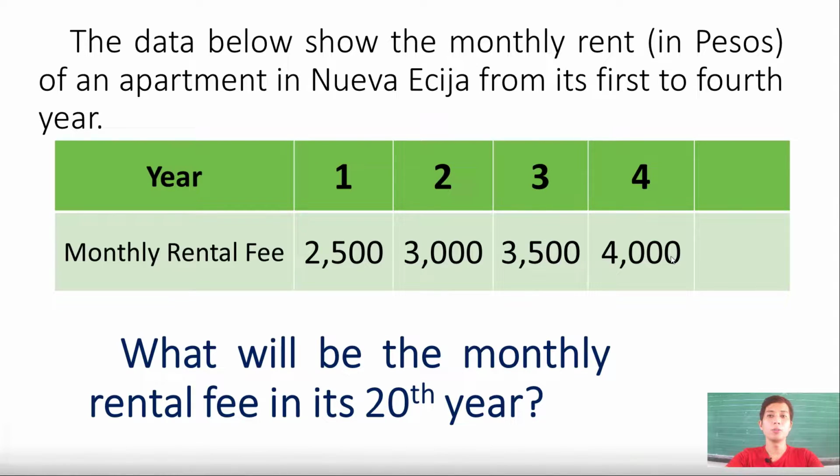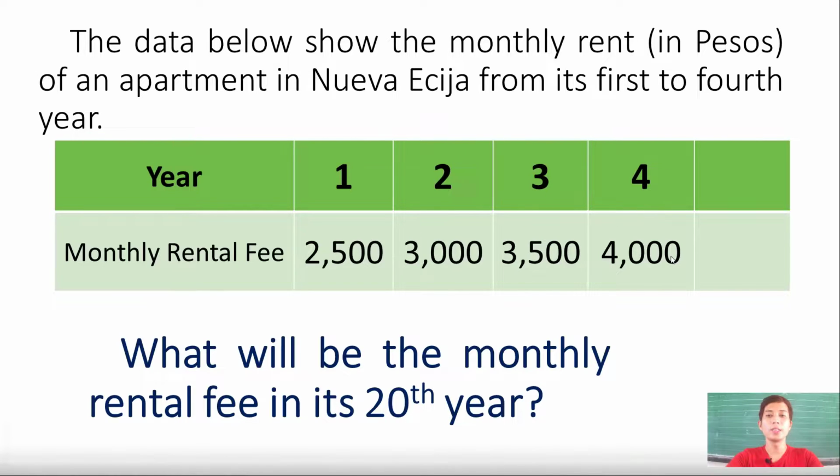The data below show the monthly rent in pesos of an apartment in Nueva Ecija from its first to fourth year. So in the first year, the monthly rental fee is 2,500. On its second year, the monthly rental fee is now equal to 3,000 pesos.